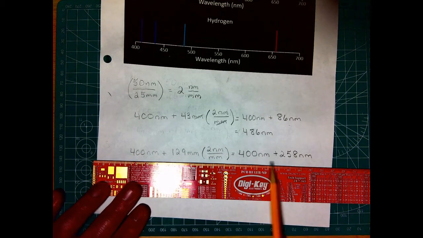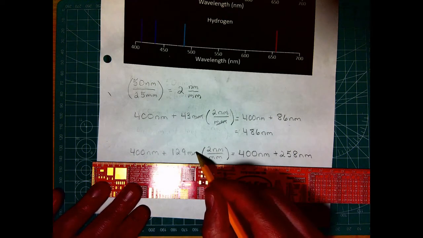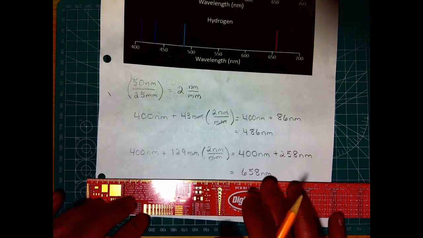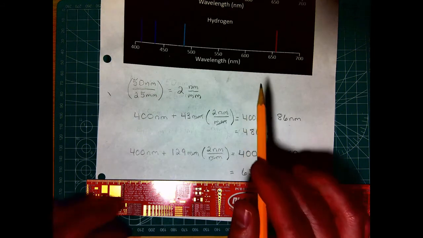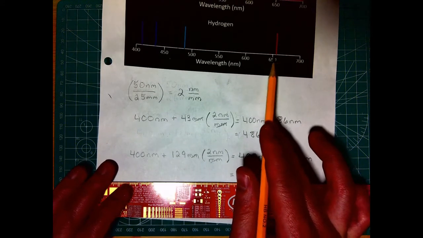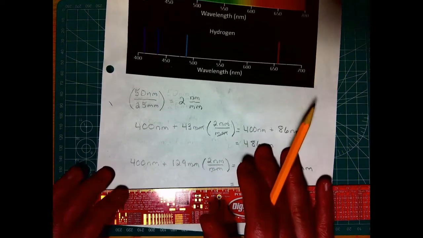That comes out to 400 nanometers plus 258 nanometers. Again, we know that our millimeters are going to cancel here. And I get 658 nanometers, a little past 650. So again, that checks out and passes our sanity check.